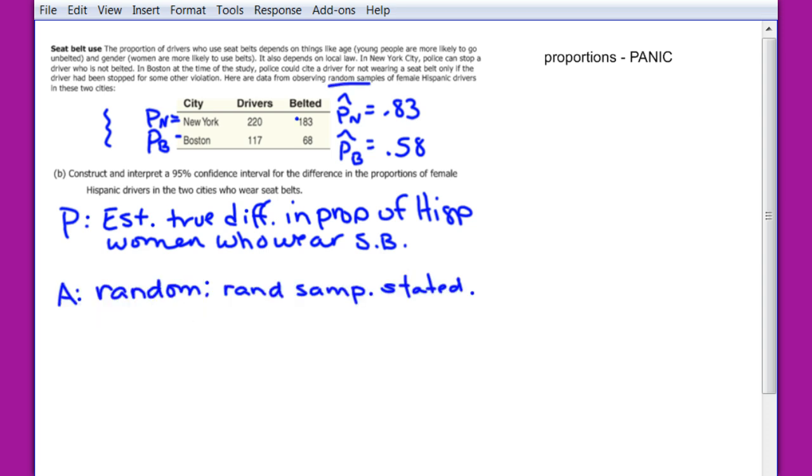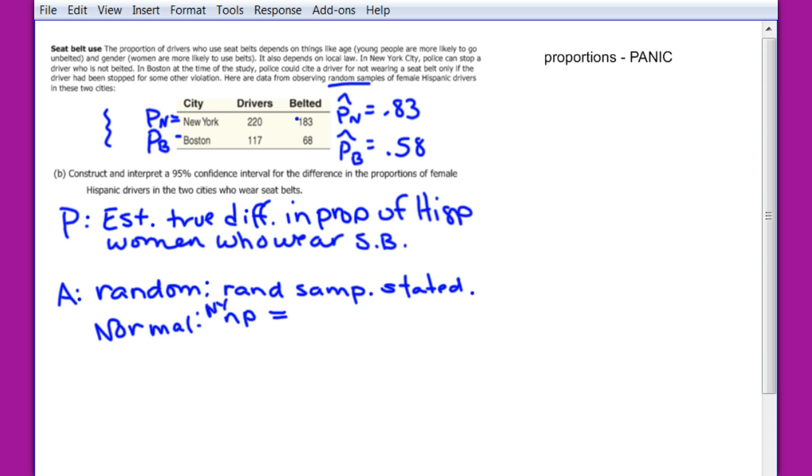All right, so let's take a look at our random samples. Our random condition is stated up in the column. Next is the normal condition, where we check np for both cities.